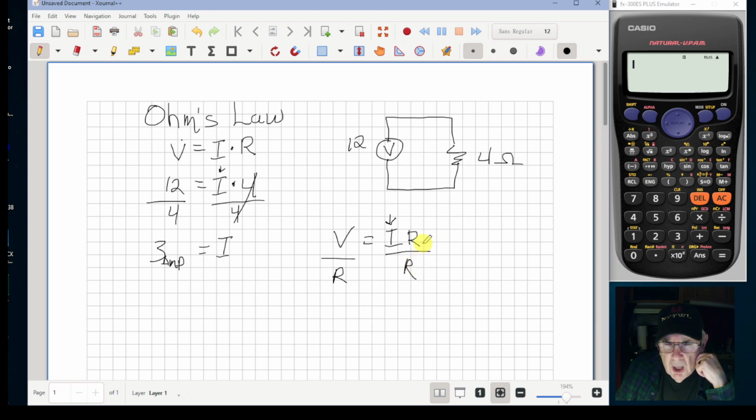R over R, it doesn't matter what value R turns out to be, it's going to cancel out. It's going to be 1. So we have created another equation. Here's our first one. This equation is solved for voltage if we know the current and resistance. We've now created a second equation. I is equal to V over R. All right, great.